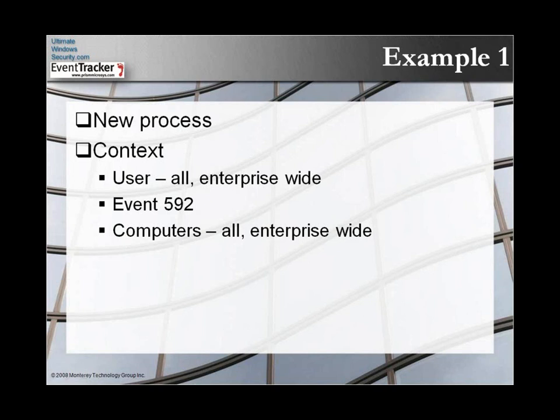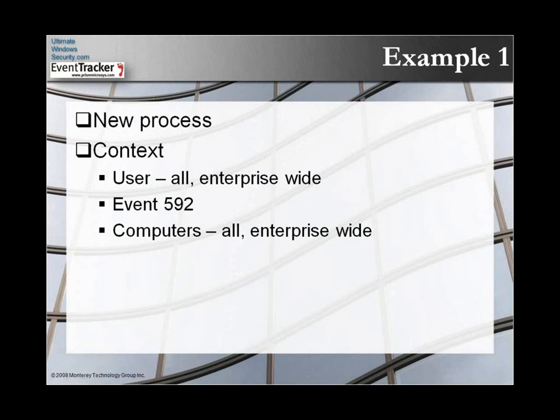There's pros and cons either way, and in fact you may want to do it both ways. If you do it across the enterprise, the advantage is as soon as there's a new executable that you've never seen before, you're going to know about it, and the resources it'll take to do that are going to be fairly small because we're just talking about one list of executables for your whole enterprise.